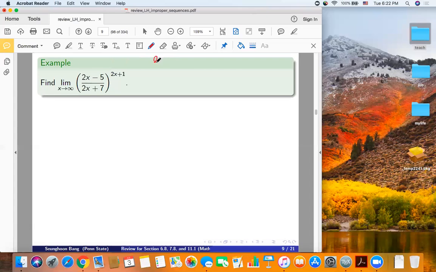You calculate the limit as x approaches infinity of only the inside: 2x minus 5 over 2x plus 7. You have to ignore the constants. Cross out 2x, yes, 1. So the inside is 1. You plug infinity into x, and the exponent 2 times infinity plus 1 is infinity, so 1 to infinity. Yes, we have an indeterminate form.